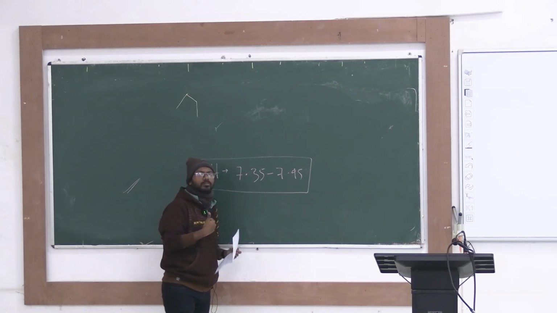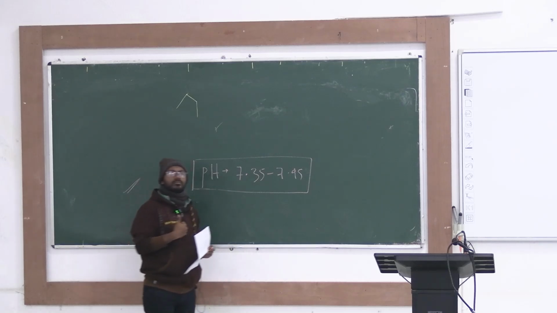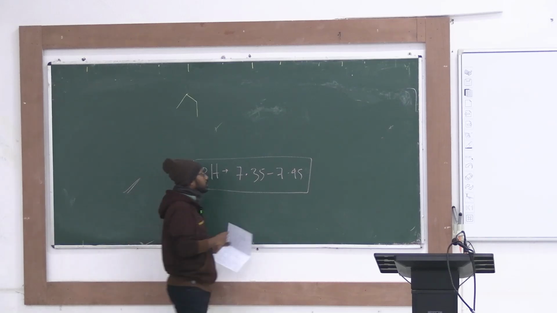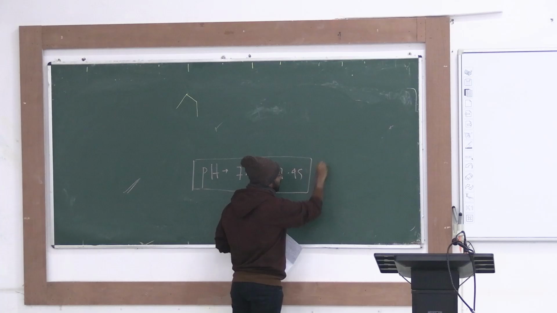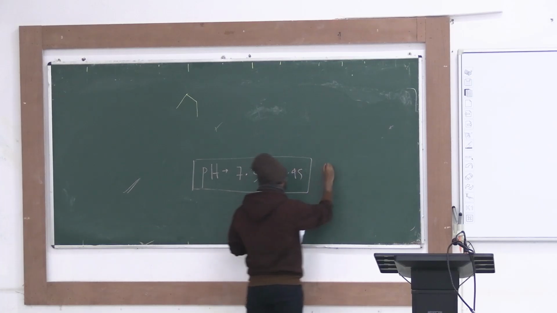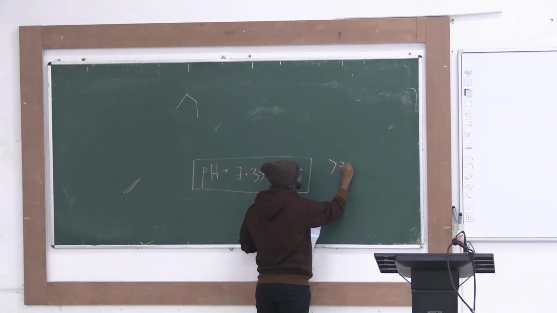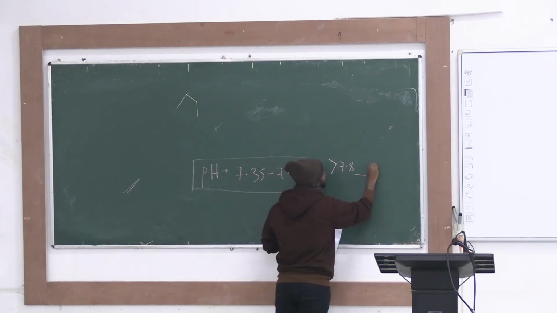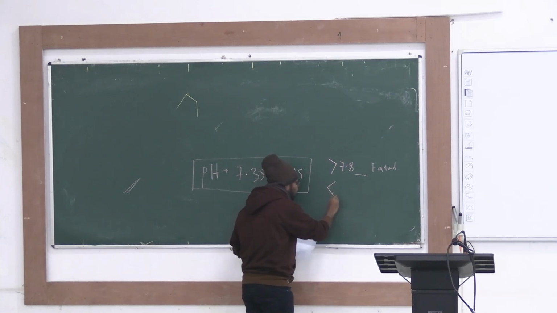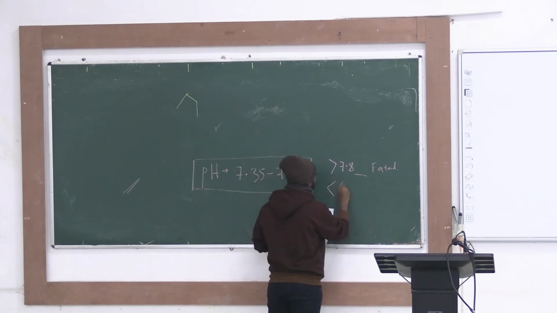Acidosis. And if the pH is increased, what will we call it? Alkalosis. You all know these. So next, the fatal limit is, write it down, greater than 7.8. If it becomes 7.8, that much alkalosis can be fatal, and also if it goes below 6.9, it is also fatal.